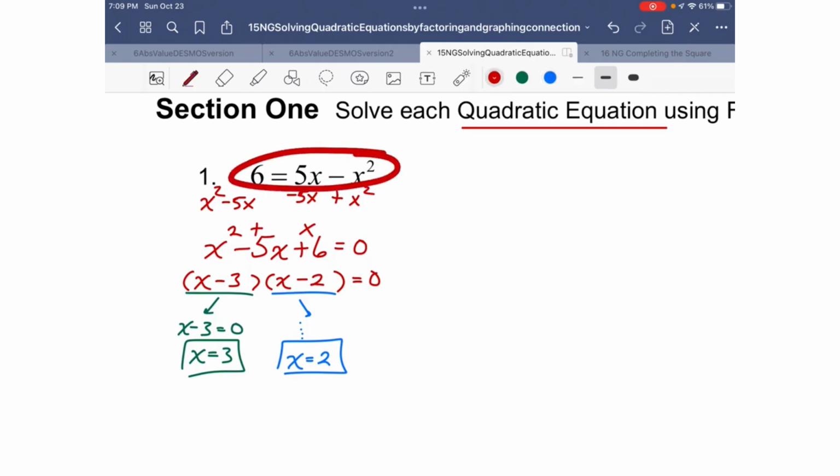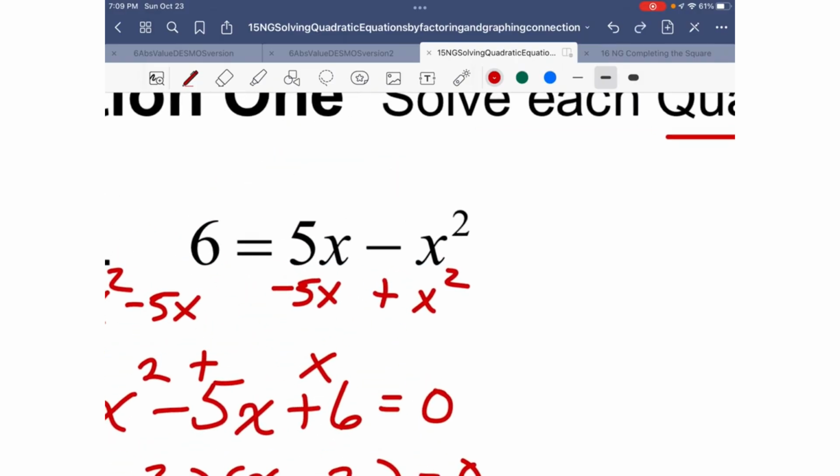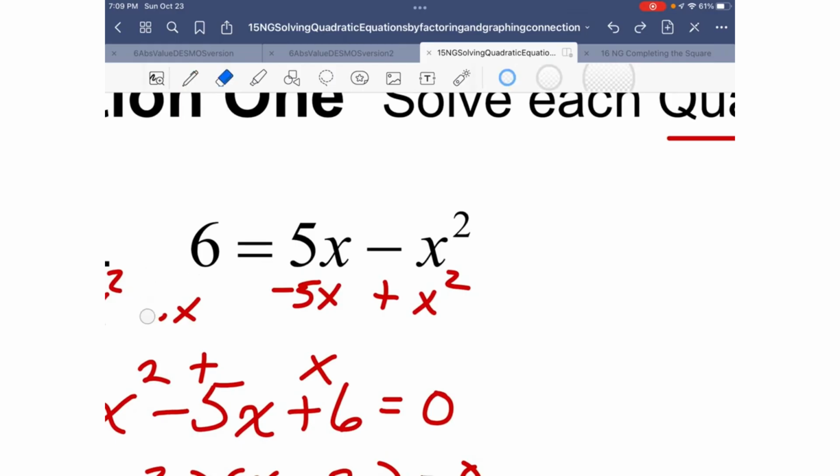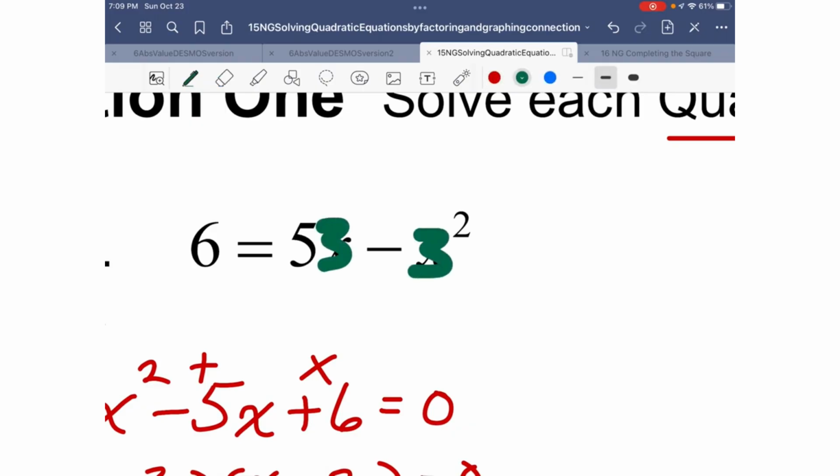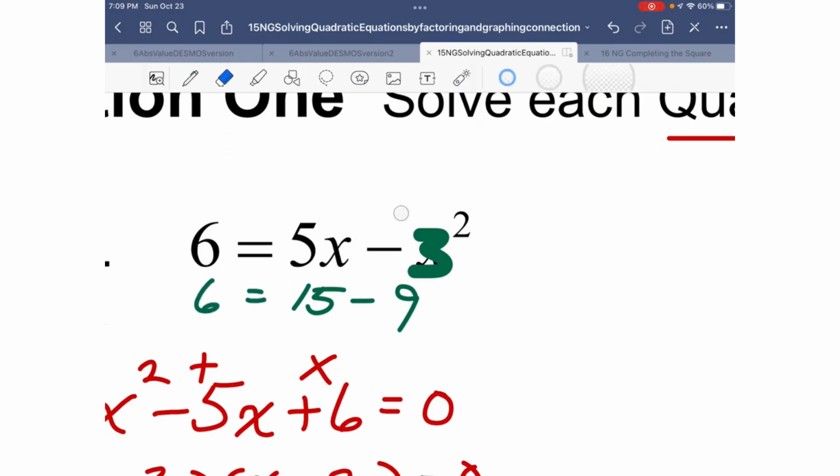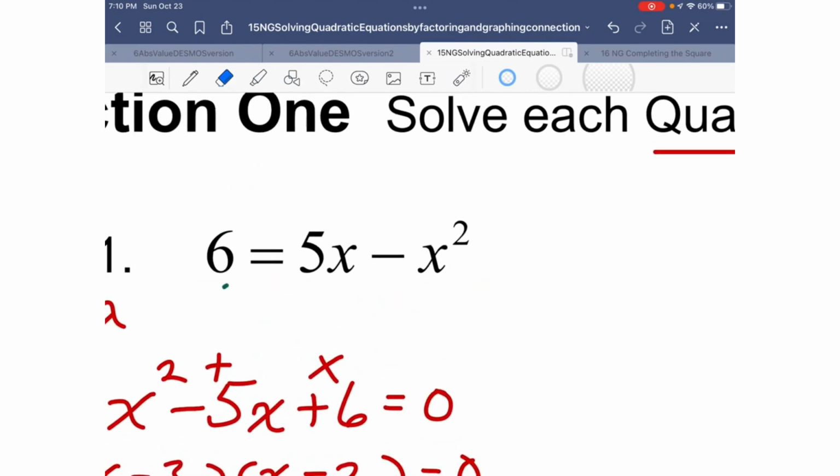Now, I'm not going to do this for every problem, but just remember what just happened here. We just solved this equation. That means if I plug in 3, I'd have to be plugging in 3 for both the x's. So I found 3. If I plug that in, I get 15 minus 9. Oh my gosh, that does equal 6. And then what else could I plug in?